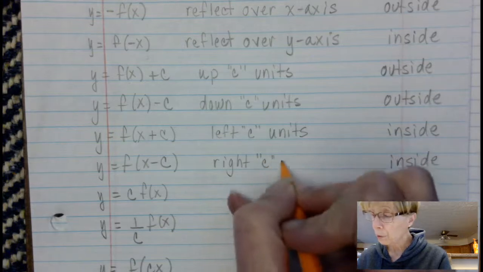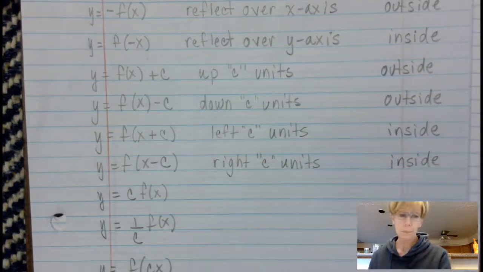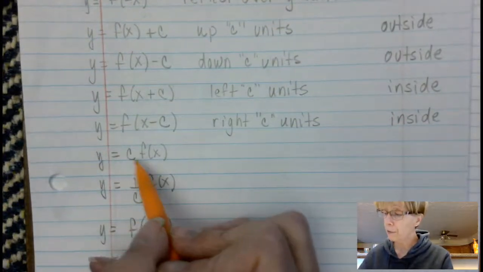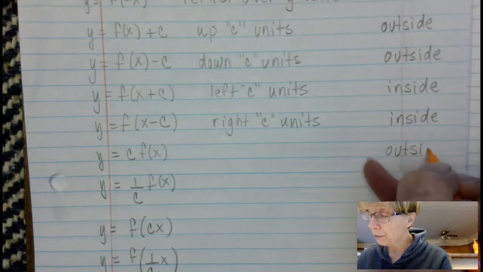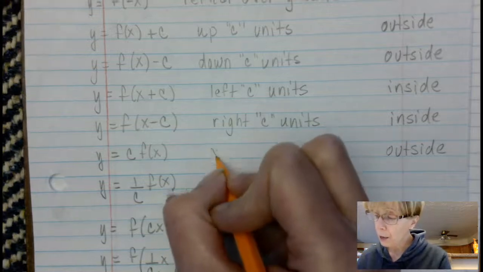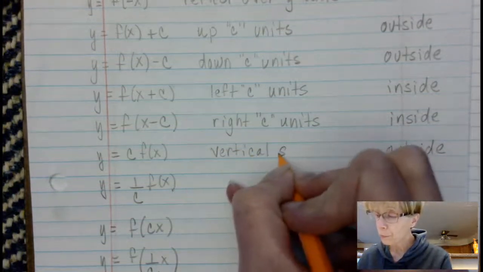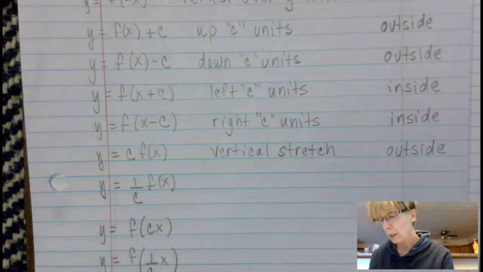So if there's a fraction out in front, outside, this is going to be a vertical shrink. And the real word is compression, but this program uses shrink. Again, that's outside the function.